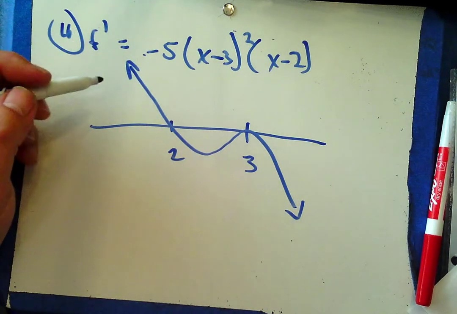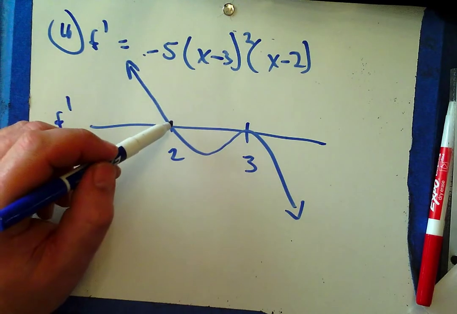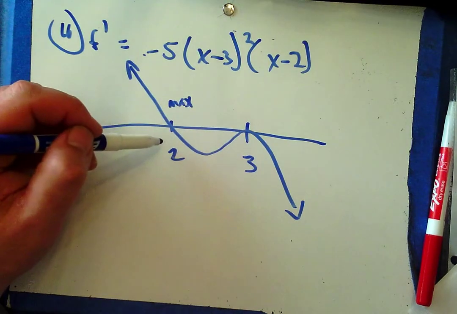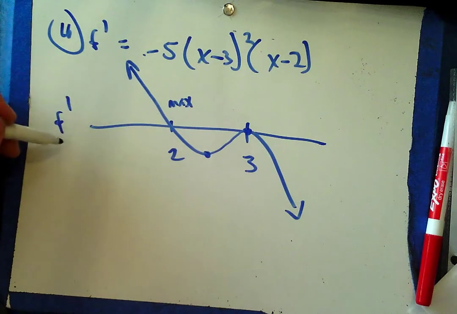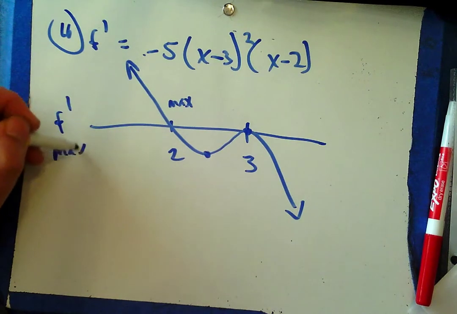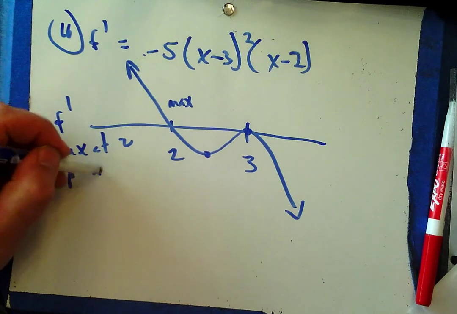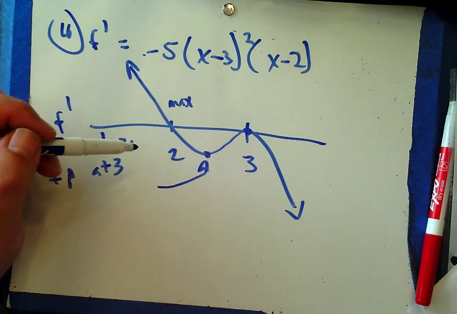Okay, and this is f prime. All right, so f prime has a max at 2, and has an inflection point and an inflection point.